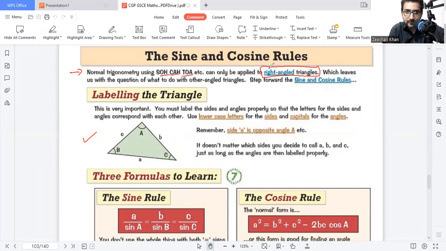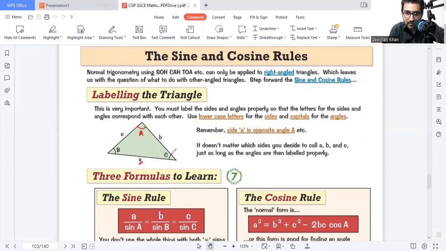Now, first, this is really important. Labeling is very important. If you label this angle as capital A, always we will label the angles by capital letters. So if you label this angle as capital A, the side opposite to this angle is called the side, and that must be labeled as small a.